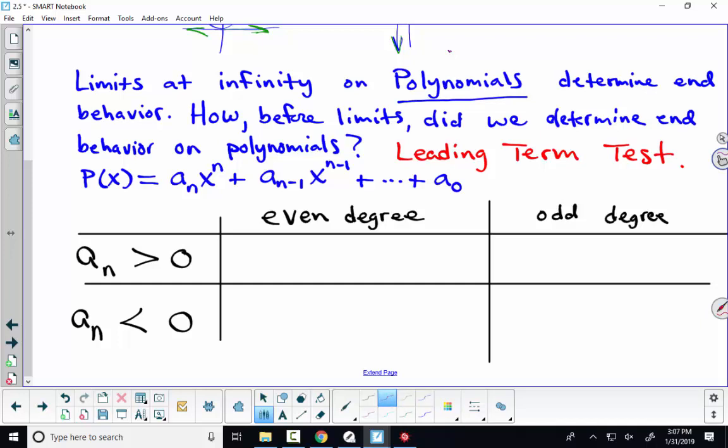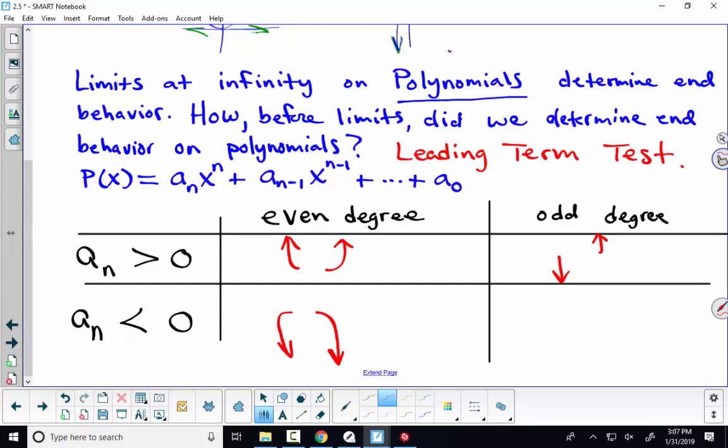So when we think about even degree and a positive coefficient, just think about positive x squared, where its arrows both point up like this. Even degree with a negative leading coefficient, think about negative x squared. Its arrows point down. An odd degree with a positive coefficient, think about positive x cubed, where its arrows are down then up.